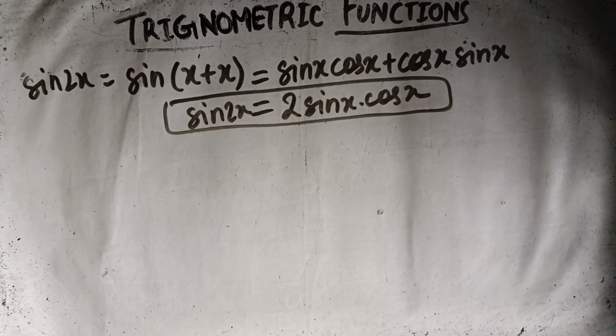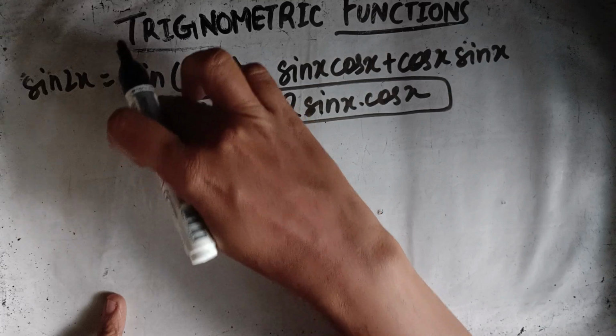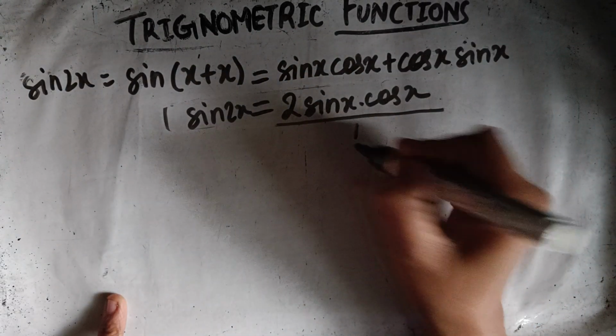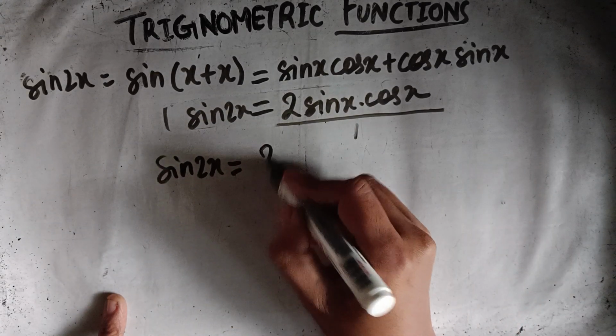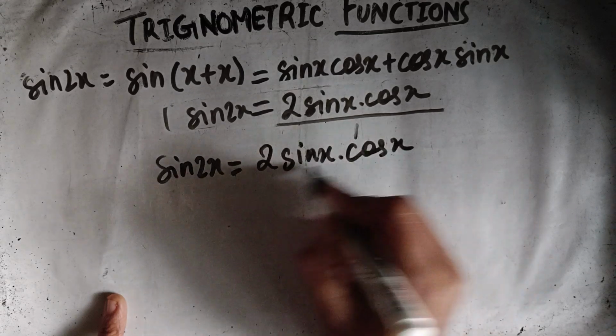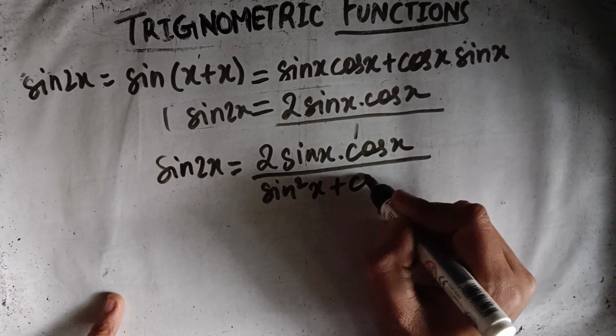Okay. Next is in terms of tan. Again, we can write this as divided by 1, so 2 sin x into cos x upon sin square x plus cos square x.